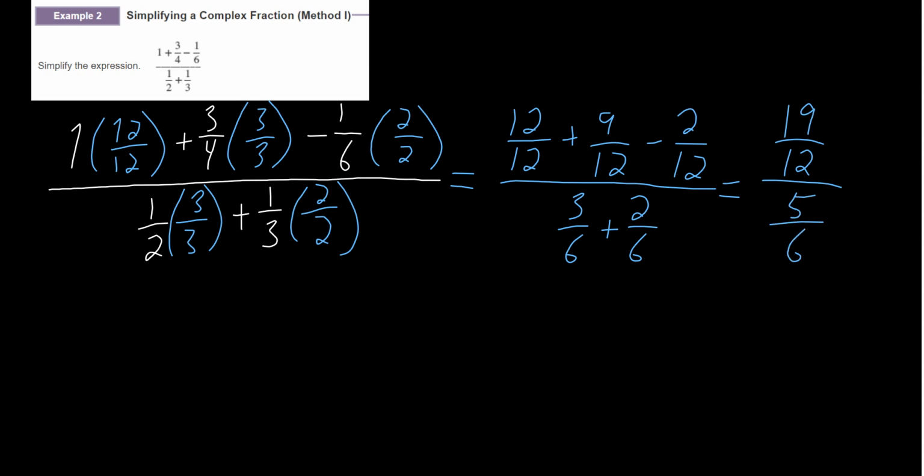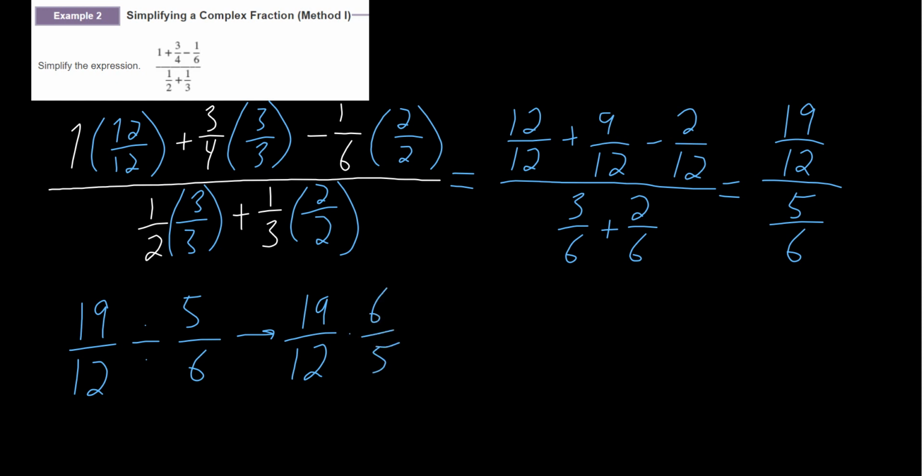Now we can write this in a way that we're familiar with. 19 over 12 is divided by 5 over 6, and that is the same thing as saying 19 over 12 times 6 over 5, which is equal to, let's do a cancellation real quick to make the multiplication easier.